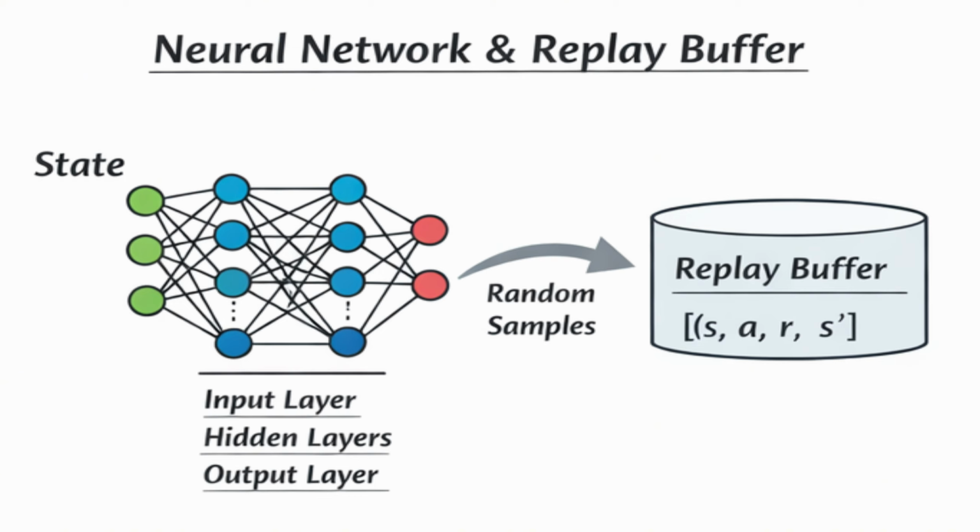So what we have is deep Q learning, or DQN, which is a neural network that approximates what those values in the Q table would be. So instead of updating from an experience at a time, we would store our transitions in this replay buffer, and then we would train on those random batches.